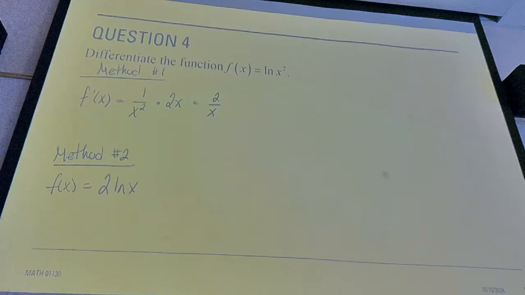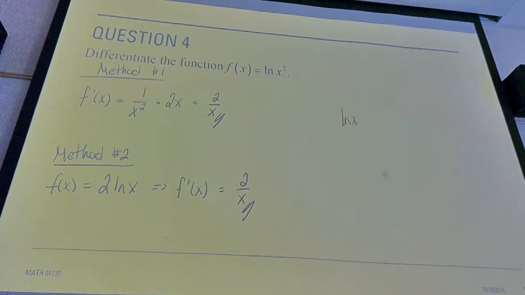So it's 2 times the derivative of log, which is 2 over x. Bear in mind, they are not the same.